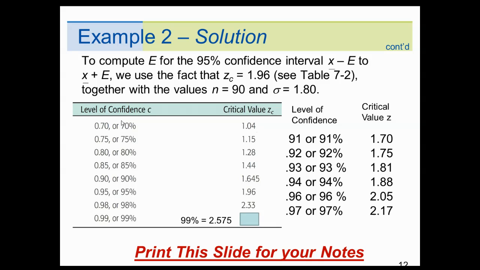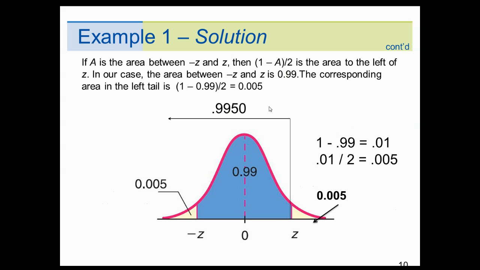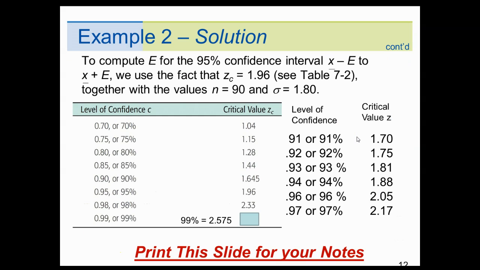Not only that, but over the course of times I've done this course, people have asked me, hey, what's the z-score associated with a 91% confidence level? And I take 91, subtract it from 100, that's 0.09, divide that, and then go through this whole process again. I've cut to the chase. I said, hey, if you've got a 91% confidence level, you've got a critical value z-score of 1.70. Now, notice what I'm saying here.